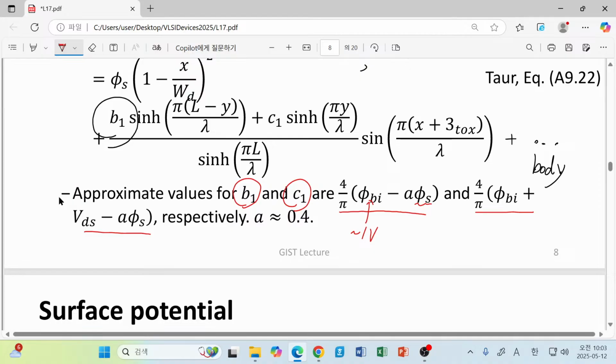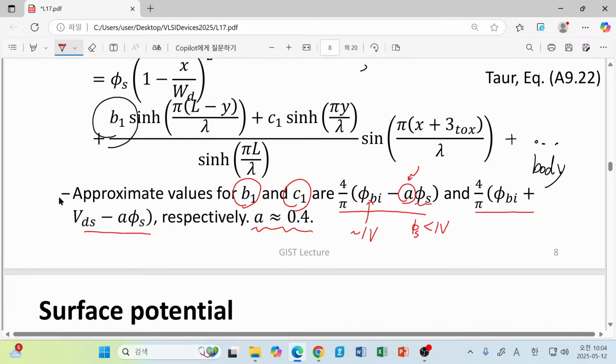If you increase gate voltage, then this phi S value will increase. But anyway, this phi S value itself is lower than 1 volt. And you know that the A coefficient, this is another coefficient, is known to be about 0.4.